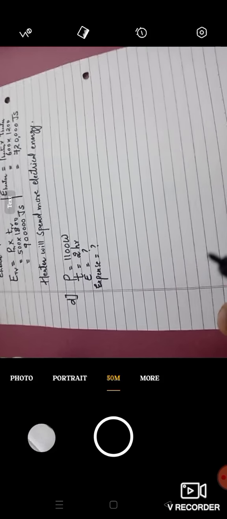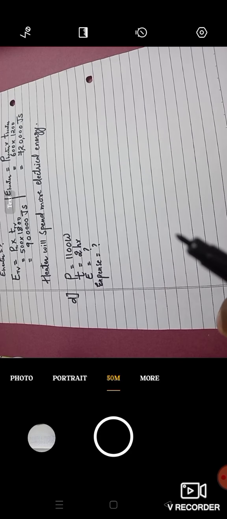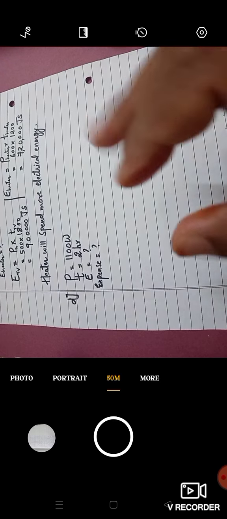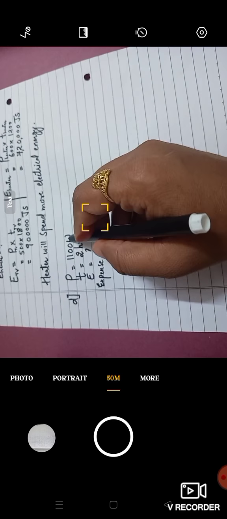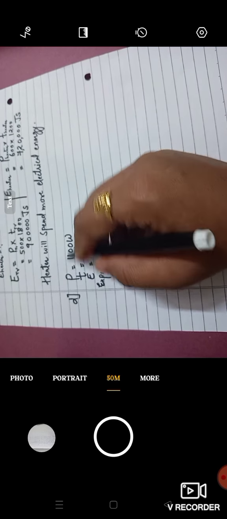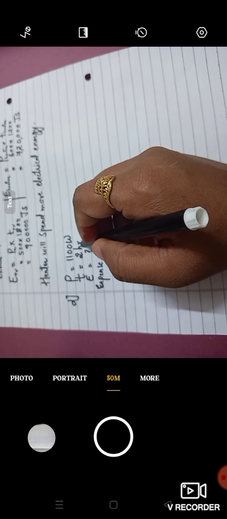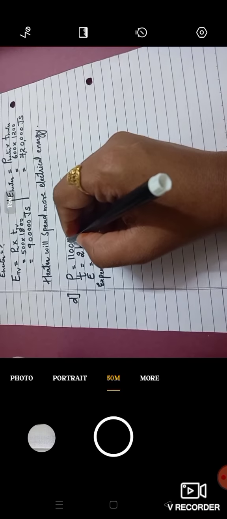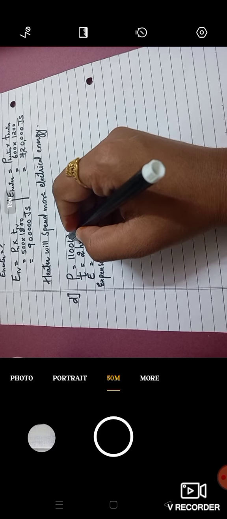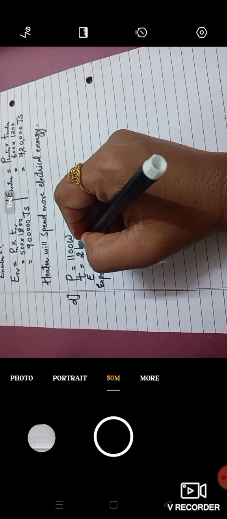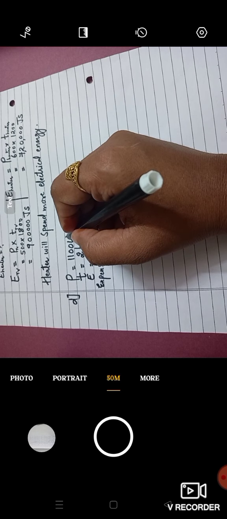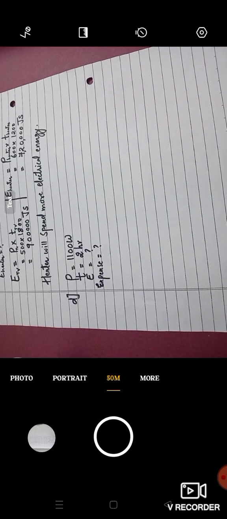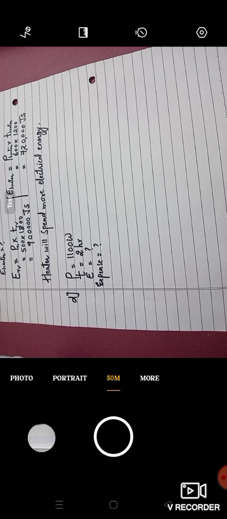Now we need to see whether all the terms are in SI unit or in the same unit or not. Now see, power is given in watt, which is the SI unit of power, but time is given in hours, which is not the SI unit. So what I'll do here is convert the power's unit into kilowatt, because when time is in hour, the power should be in kilowatt. And 1 kilowatt is equal to 1000 watts.